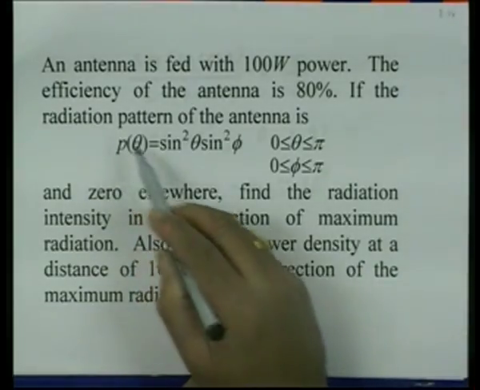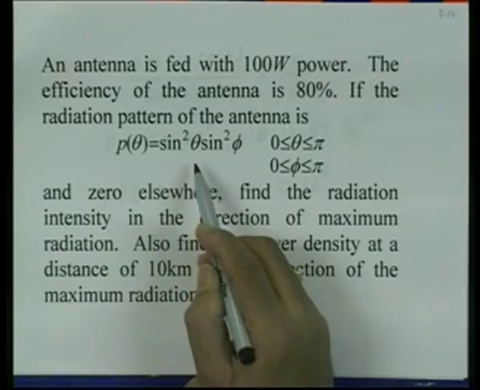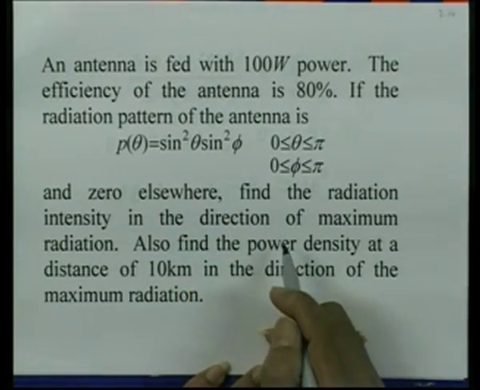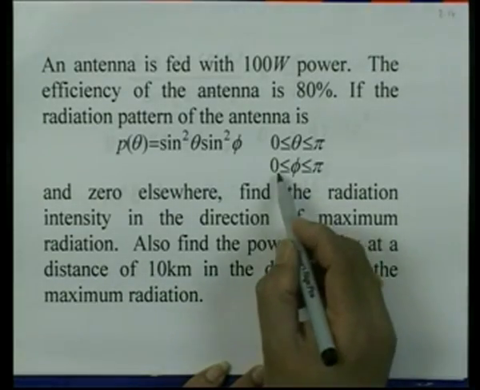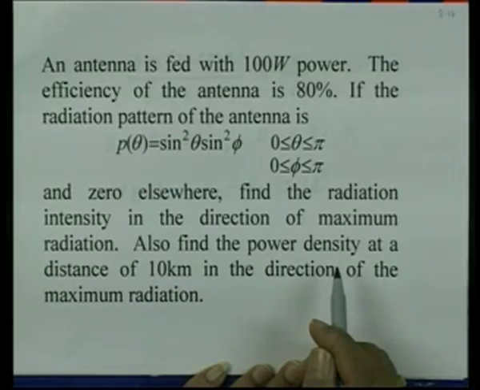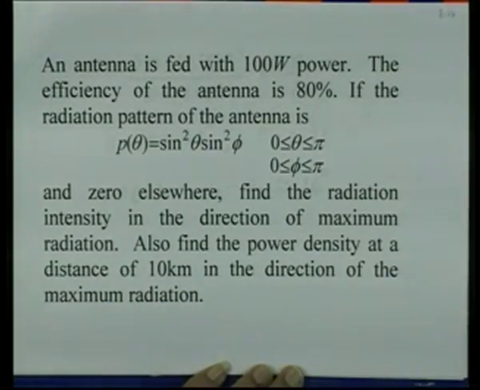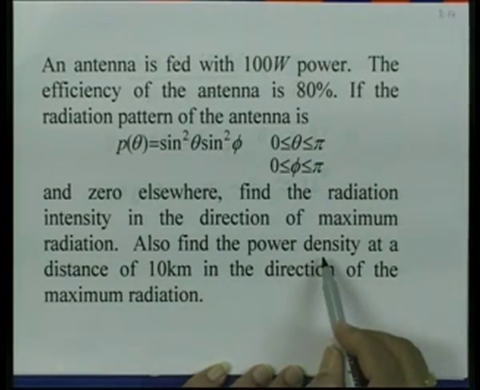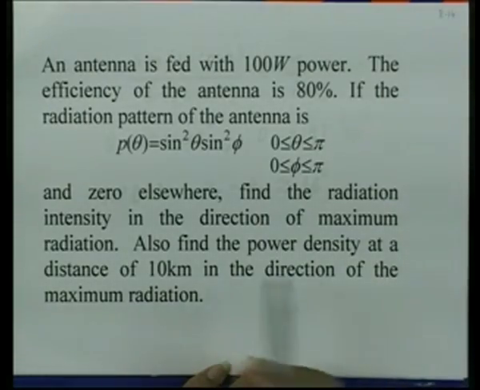If the radiation pattern of the antenna is given as P theta equal to sin square theta sin square phi, where theta varies from 0 to pi and phi varies from 0 to pi and 0 elsewhere, find the radiation intensity in the direction of maximum radiation. Also find the power density at a distance of 10 km in the direction of the maximum radiation.